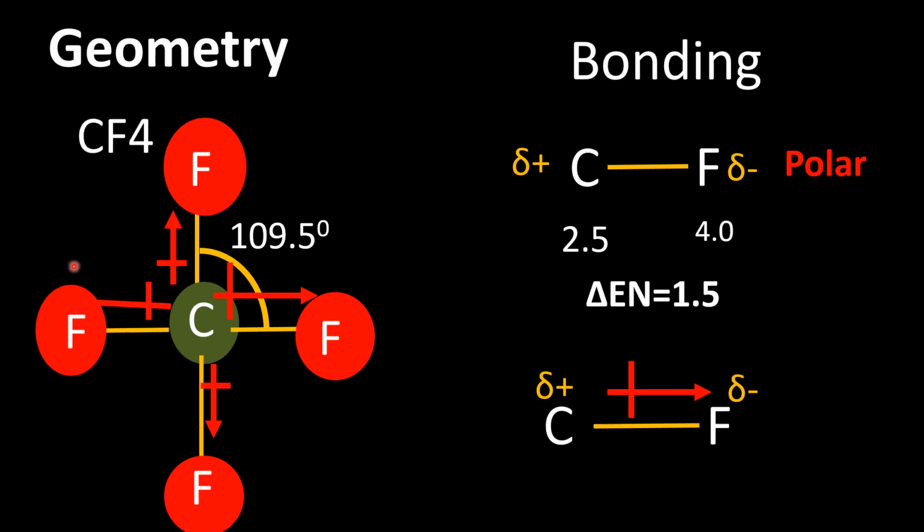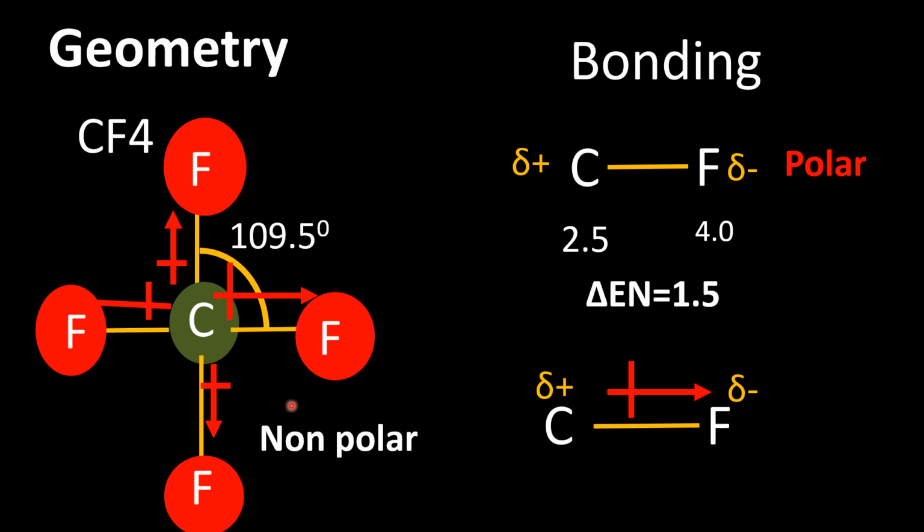Now look at the dipole moments. The dipole moments of this carbon-fluorine pair and this carbon-fluorine pair are going to cancel each other, and the dipole moments of these other bonds are also going to cancel each other. So we say that the net dipole moment is 0.